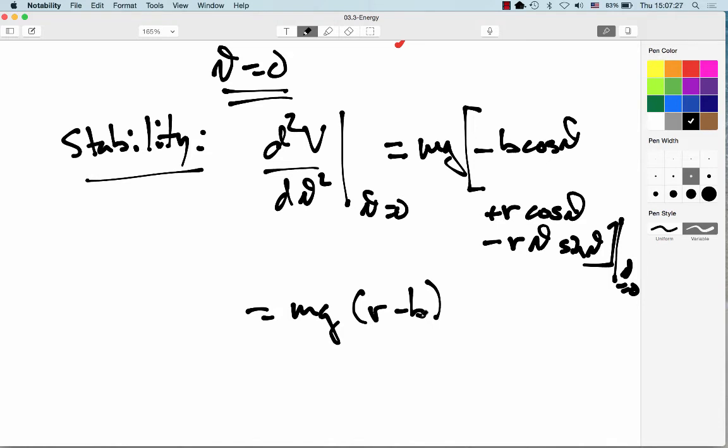So what we get is if the half height of the block is less than the radius of the cylinder, then it's actually a stable equilibrium and will right itself. On the other hand, if the half height of the block is bigger, then it will fall over.